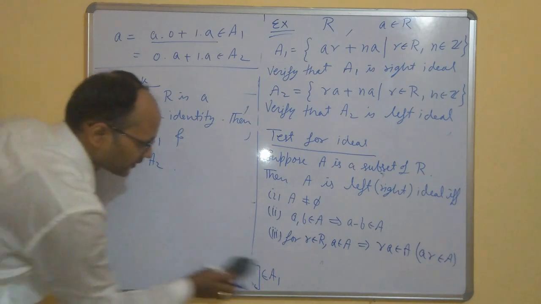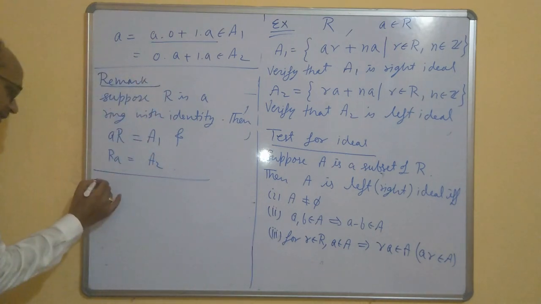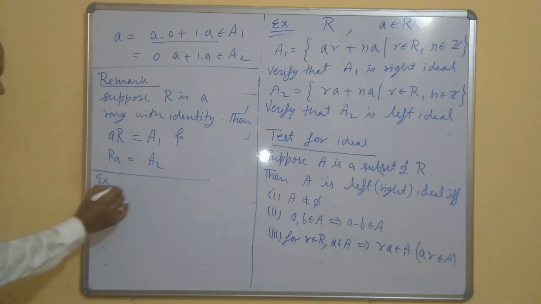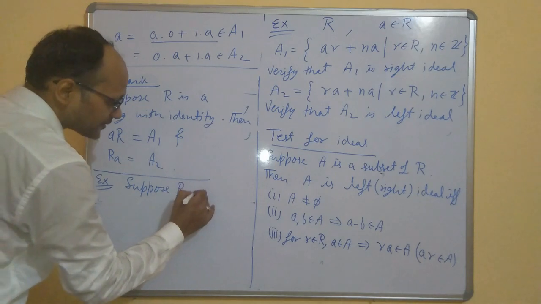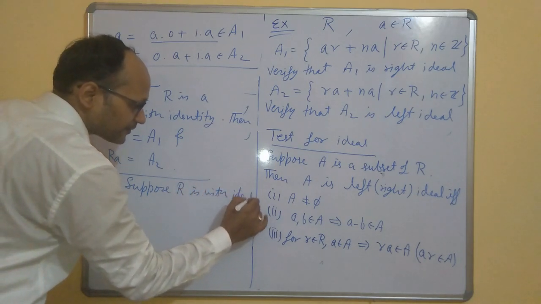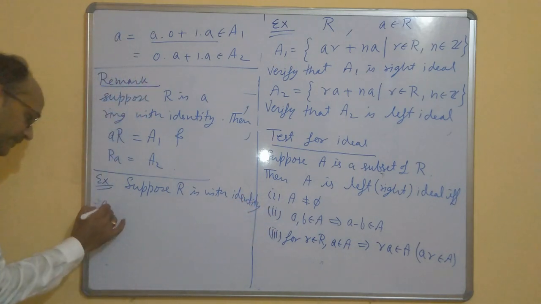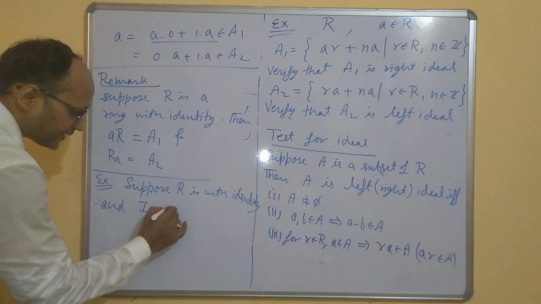Okay. One more thing. Let me give you as an exercise. Suppose R is a ring with identity, and I is an ideal.